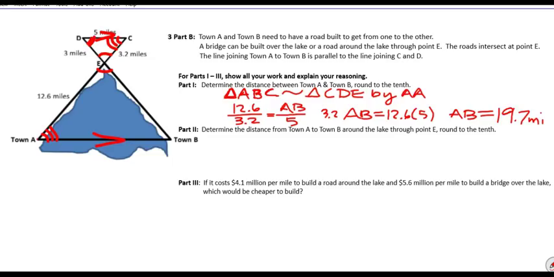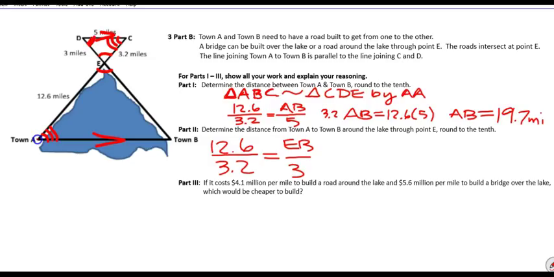We're going to take what we know, which was 12.6 over 3.2, and compare that to DE, which is 3, and we're going to find out what EB is.